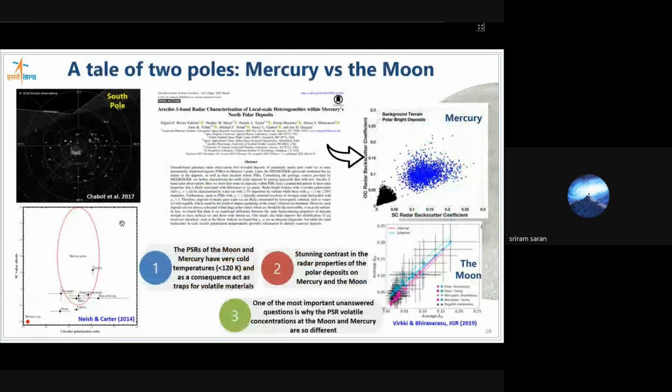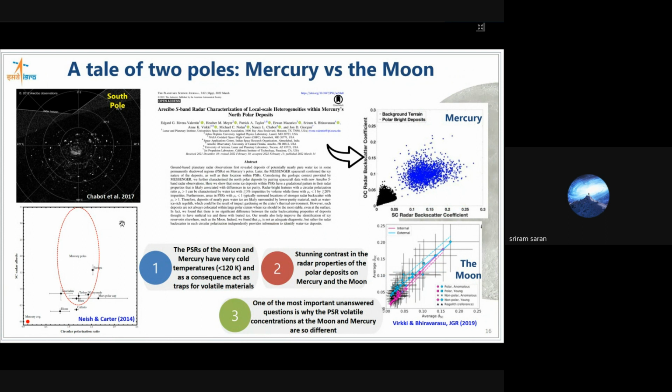So this is the final concluding part of my talk. This is a comparison of two polar surfaces, Mercury and the Moon, because both the bodies are very similar in size and in the same dry environment, and the polar environment is also quite similar because they have almost the same axial tilt from the surface normal.